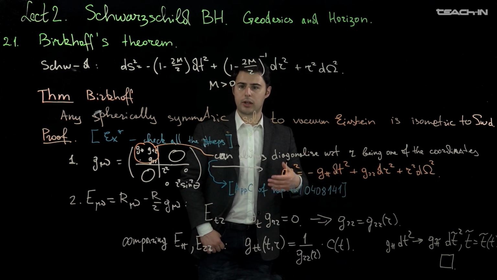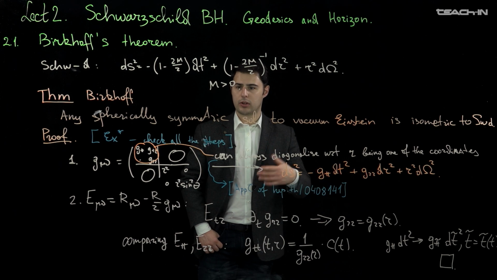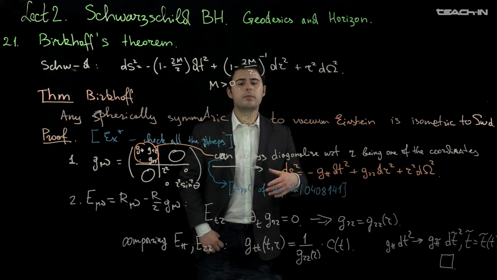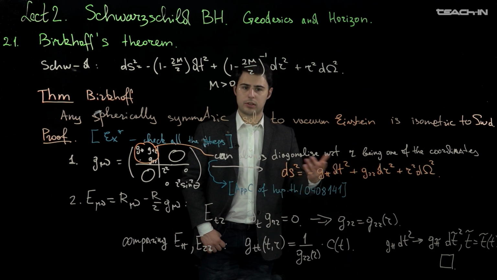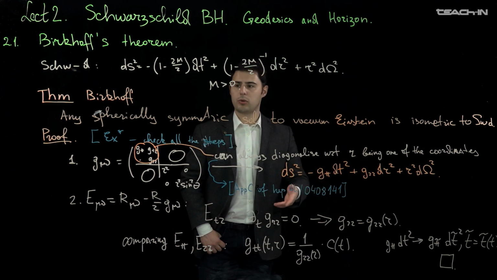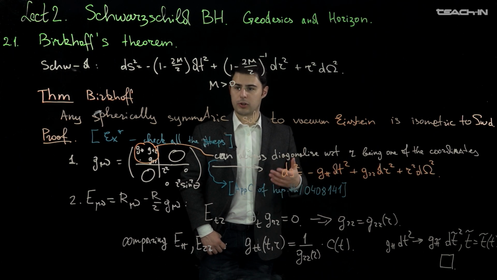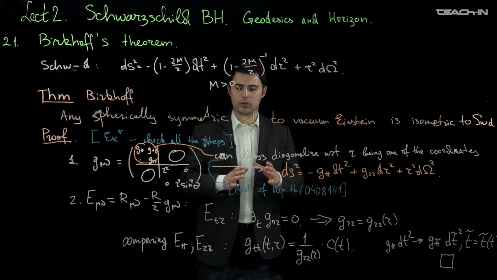So we have shown that however the spherical collapse is going, the exterior would be given by the Schwarzschild spacetime. So in particular, there is no spherical gravitational radiation. The stars cannot radially pulsate.